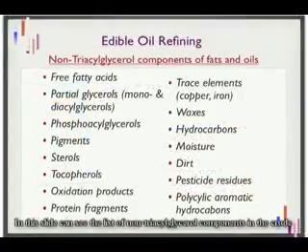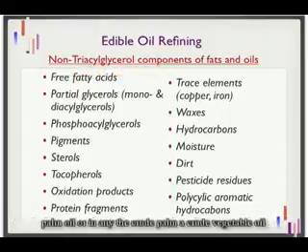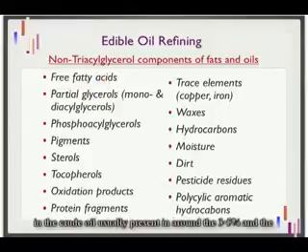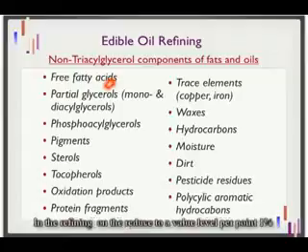In this slide you can see the list of non-triacylglycerol components in the crude palm oil, or in any crude vegetable oil. So for example, we have free fatty acid or FFA. This is in the crude oil usually present at around 3 to 5%, and in the refining we want to reduce it to a very low level, maybe less than 0.1%.